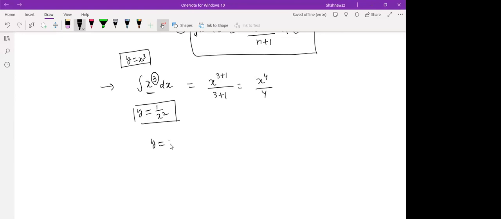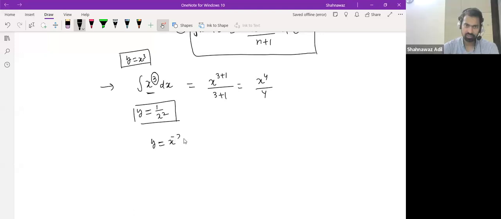So, x raised to minus 2. Correct, correct. So why are you hesitating? This is the correct answer. So now we want to calculate the integration of x to the power minus 2. So this would be x^(-2+1) divided by (-2+1).